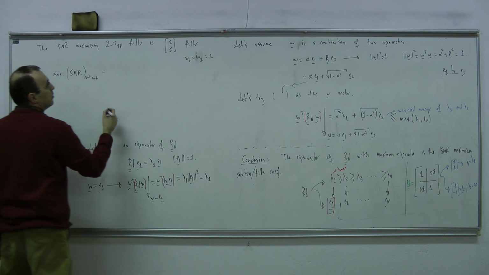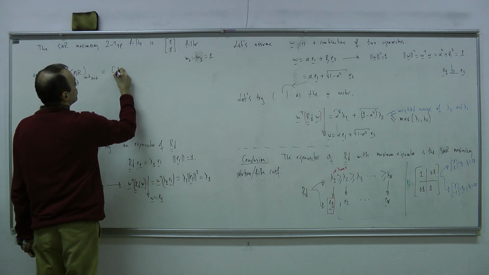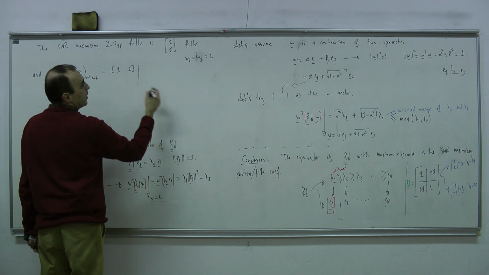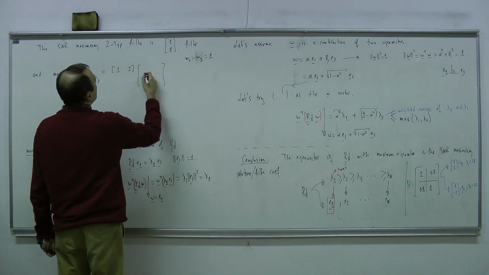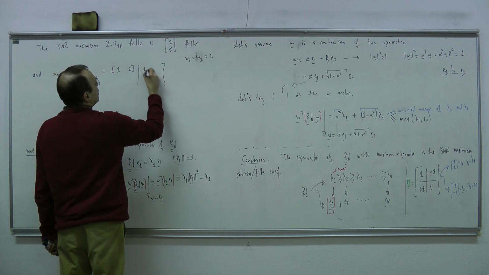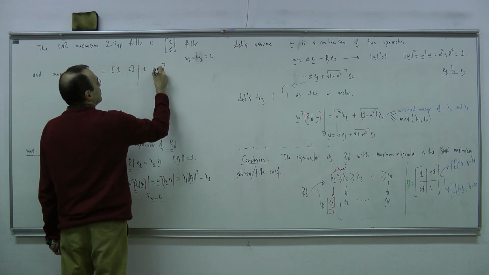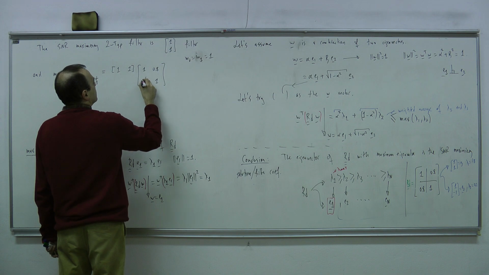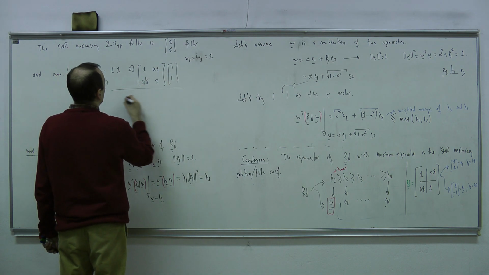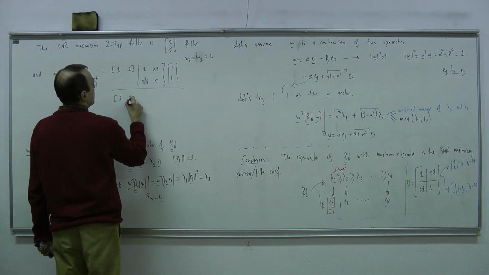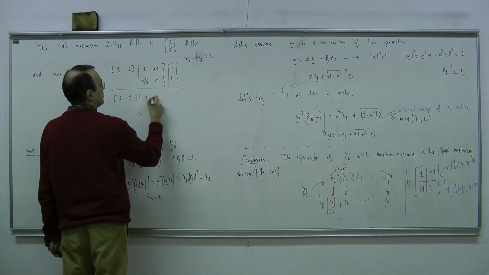I can calculate this of course, but I know that this will be equal to, I should be a little bit careful, 1, 1, 0.8, 0.8, 1, 1, and this is 1, 1.